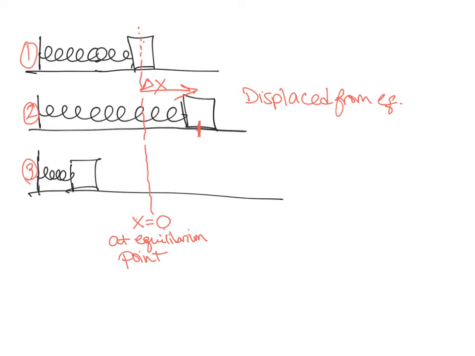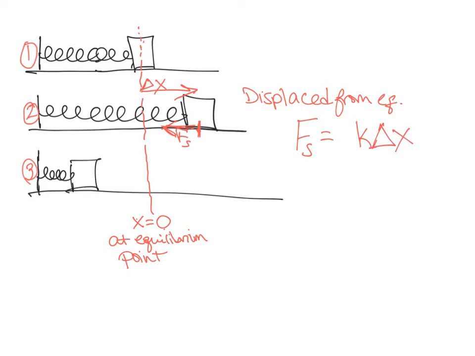When I let it go, it feels a force from the spring that way. The force from the spring is that way. And the magnitude of that force is proportional to the spring constant, a measure of how stiff the spring is, times the displacement from equilibrium, okay?